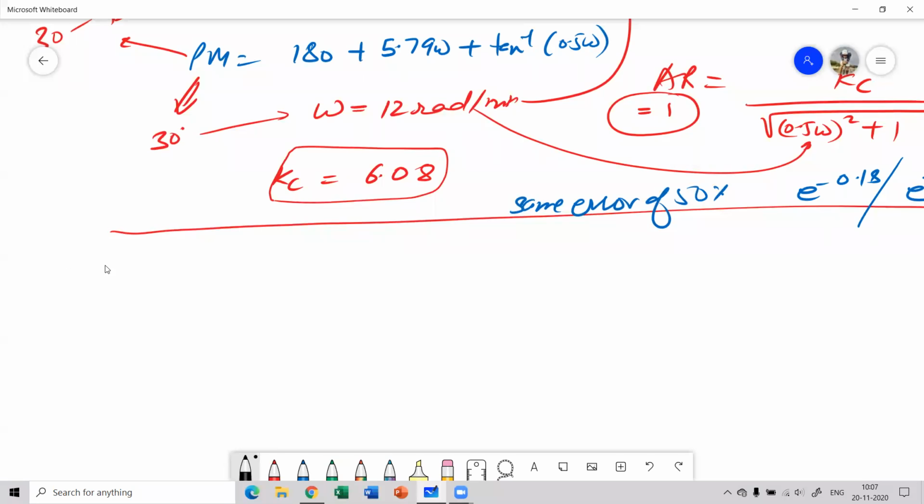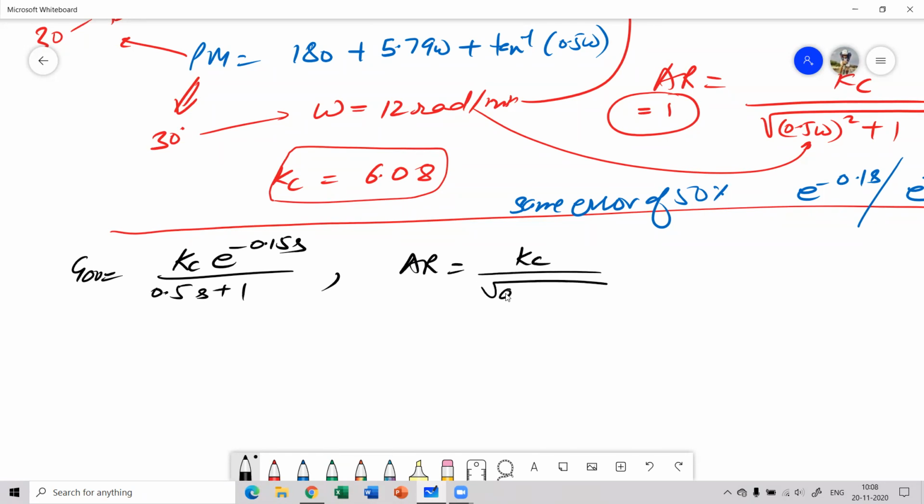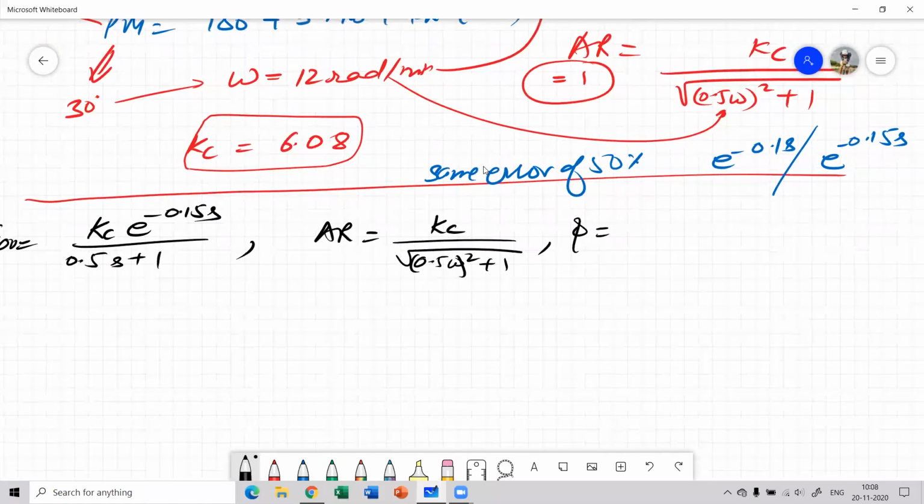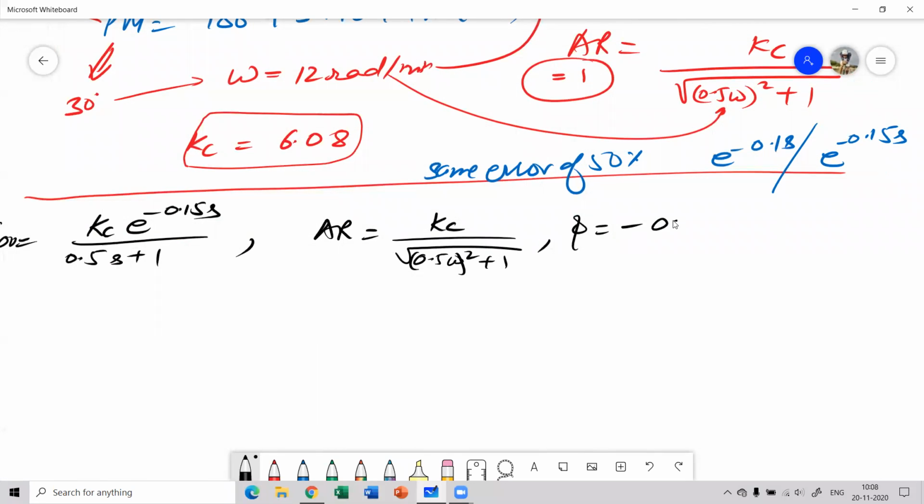So G overall will be nothing but Kc e minus 0.15s over 0.5s plus 1. Its amplitude ratio will be Kc over the square root of (0.5 omega) squared plus 1, and its phi will now be minus 0.15 into 57.29 omega minus tan inverse 0.5 omega.